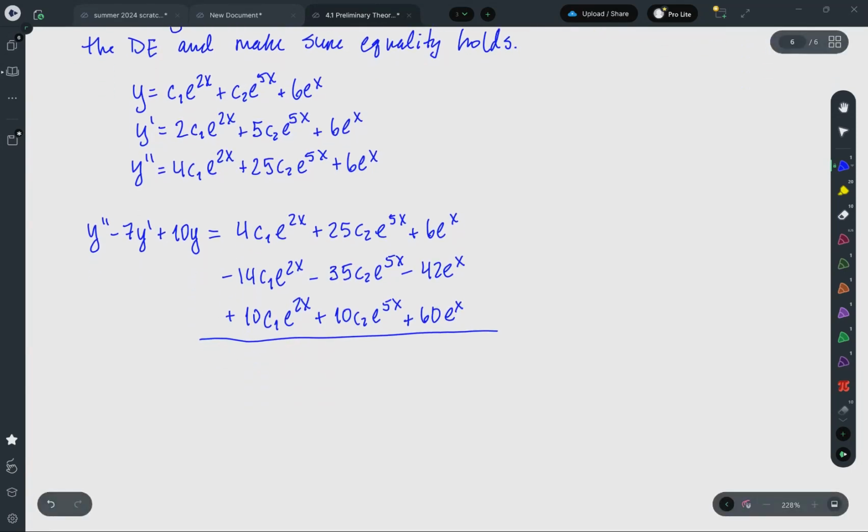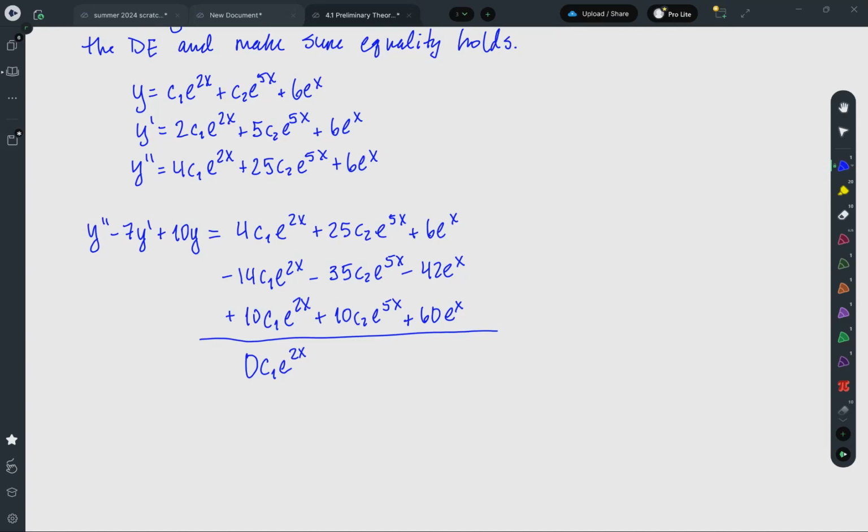Okay. And the nice thing about writing it this way is I don't have to hunt for like terms. I have them lined up for myself, and I do recommend this strategy in this class. Very much so. So in the first column, I have 4c1 e to the 2x. I have a positive 10 of those, and I have minus 14 of those. I get 0c1 e to the 2x.